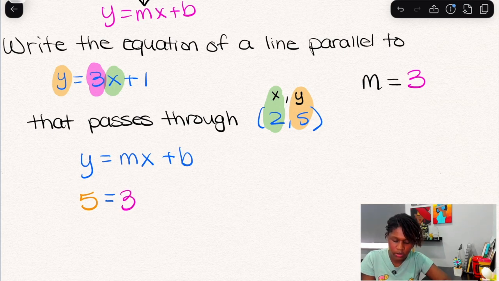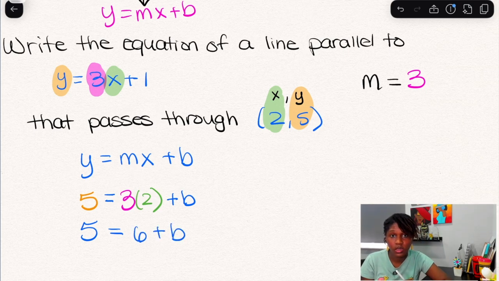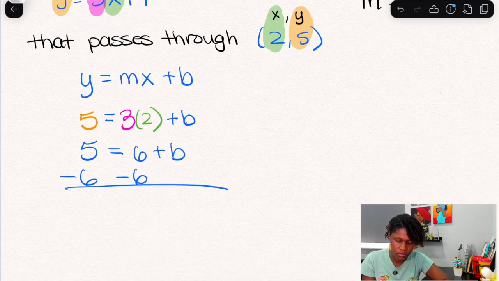For our x, we're going to plug in our number 2, and we're going to solve for b. So now we have 5 is equal to 6 plus b. And now we're just solving for b. To do that, we're going to subtract 6 on both sides. And we're left with b is equal to -1.